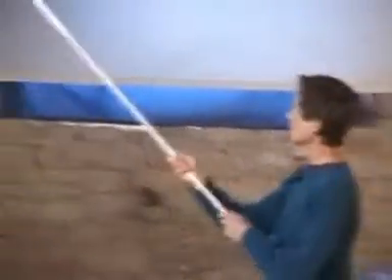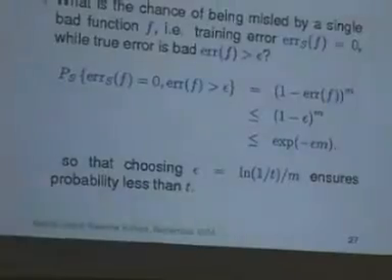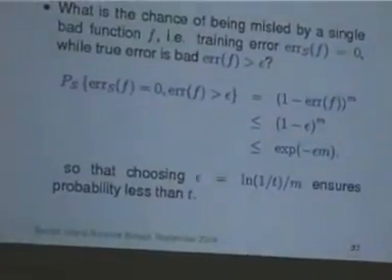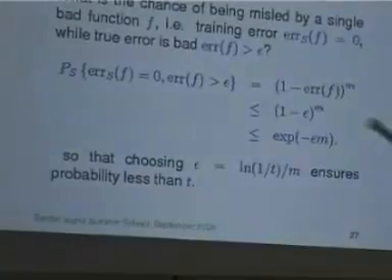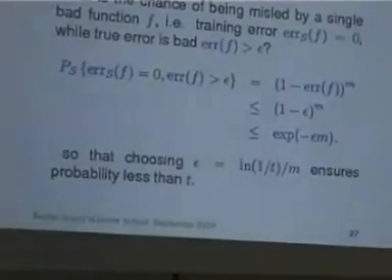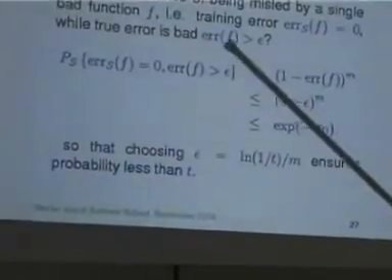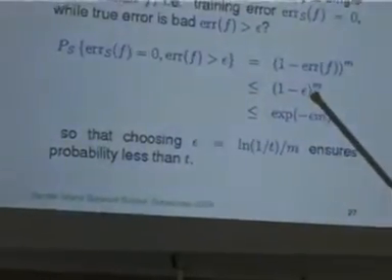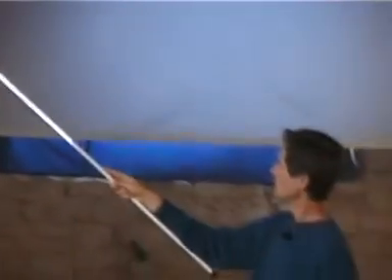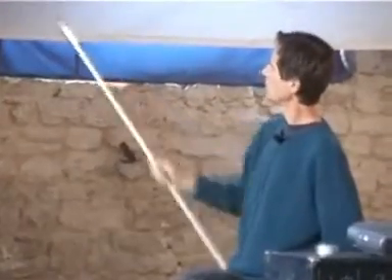Because of the independence, the probabilities multiply. So the probability that m independently chosen examples mislead us is (1 minus error of f) to the power m. Because error of f is greater than epsilon, this is less than or equal to (1 minus epsilon) to the m. We've slightly reduced this value, which has increased this one.